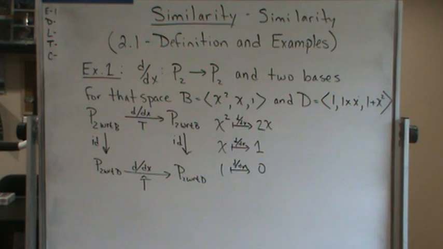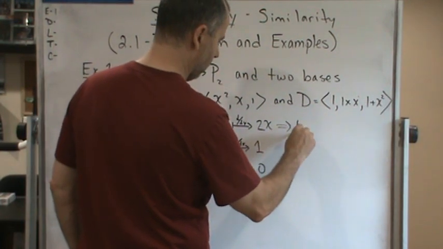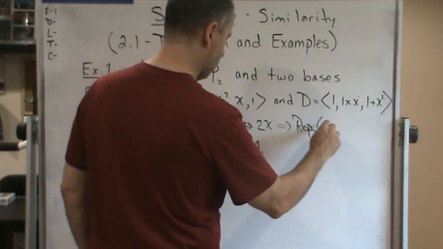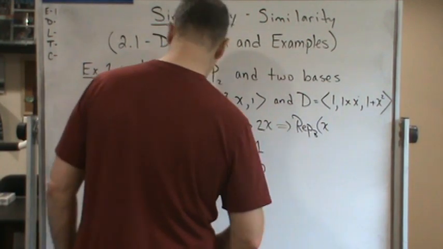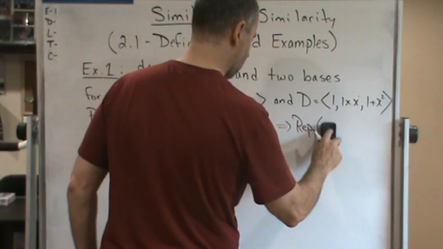So what does that give us? Well, now we're going to write the representation with respect to the ending basis, which is also B. We'll write this one. This is going to give us the representation with respect to B of 2x.